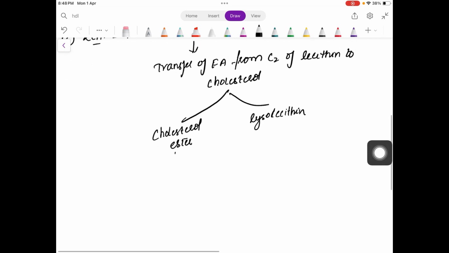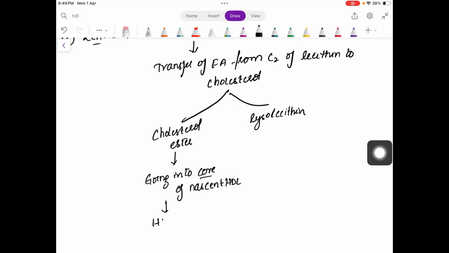And this cholesterol ester which is formed will be going into the core of nascent HDL, and due to entry of this cholesterol ester into the core, they will form a hydrophobic core, and they will form HDL3 molecule.